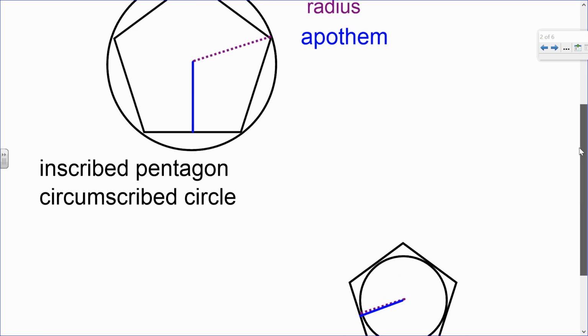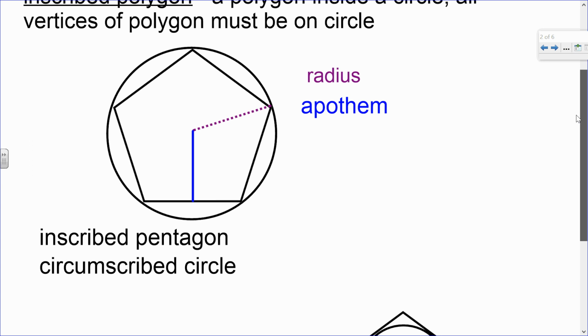Our new vocabulary word today is apothem, and an apothem goes from the middle of that polygon straight to one of the sides. Right in the middle of the side, it bisects it, it makes a 90-degree angle down there. Notice that when the pentagon is on the inside, that apothem is not the radius of the circle.